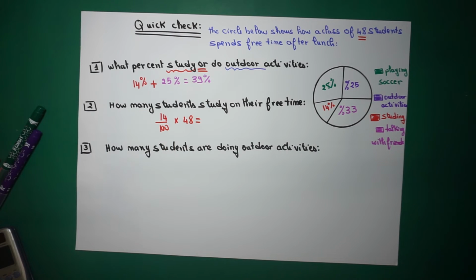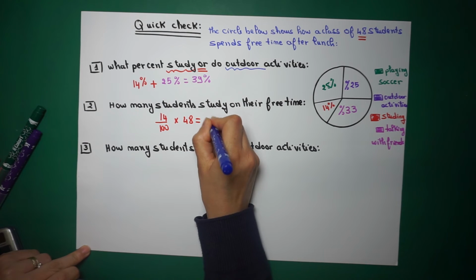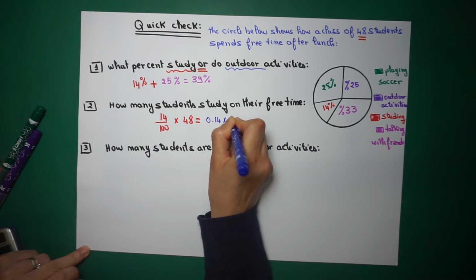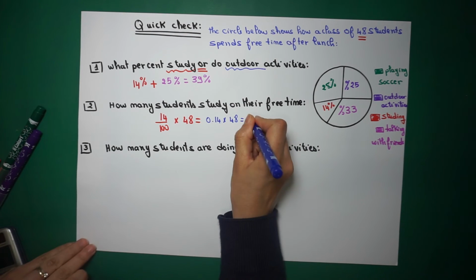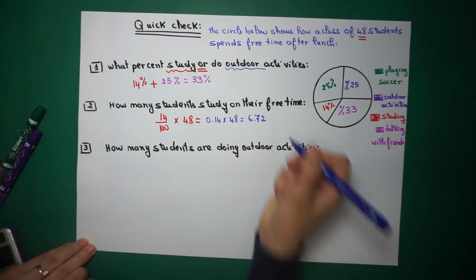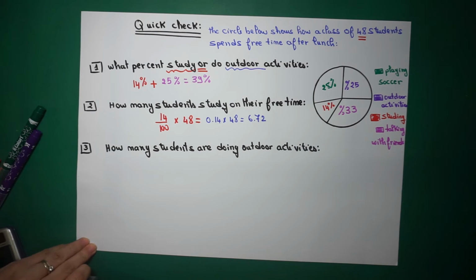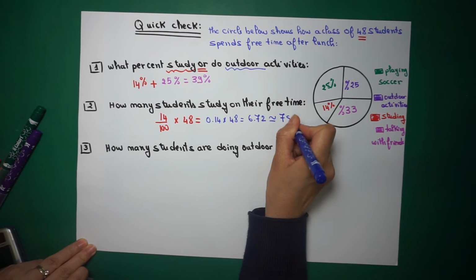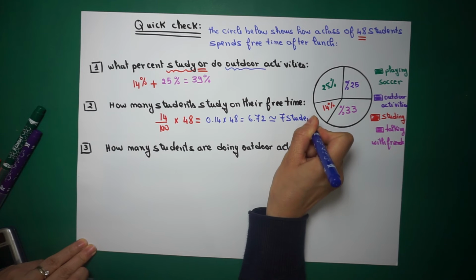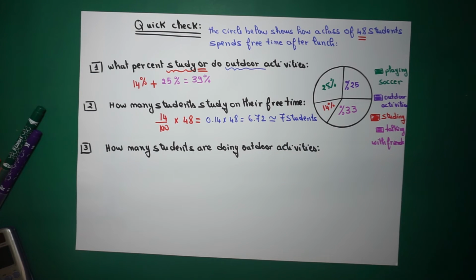So the answer for this will be 0.14 times 48. The answer will be 6.72. I cannot say that I have 6.72 students are studying, that's why I'm rounding. And I can say that I have 7 students are studying in their free time.